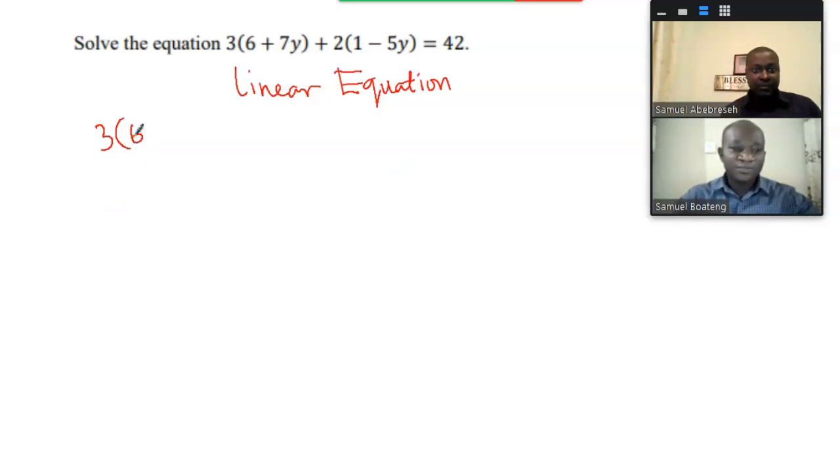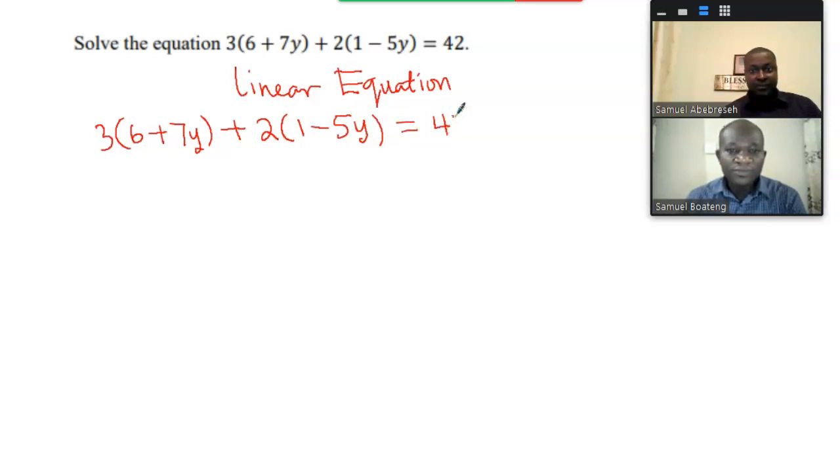Solve the equation 3(6 + 7y) + 2(1 - 5y) = 42. Let's look at how we solve this question.